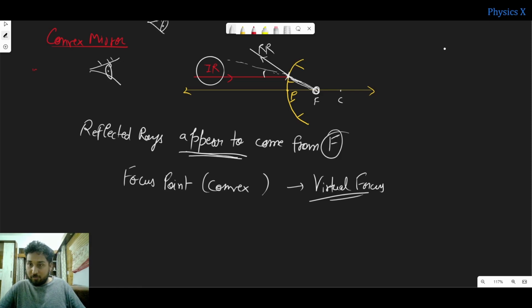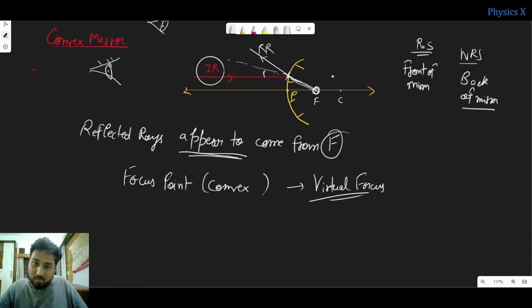Whatever the reflecting side is, we consider it the front of the mirror, and the non-reflecting side we call the back of the mirror. So this focus point is lying on the back side of the mirror in case of a convex mirror.